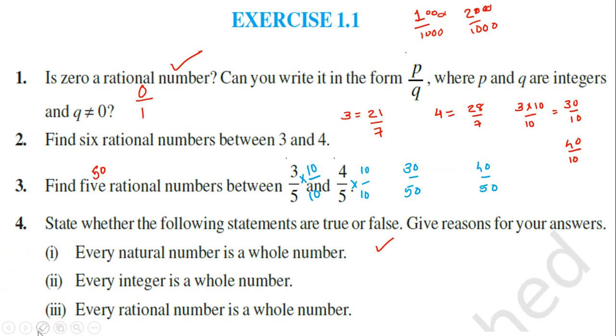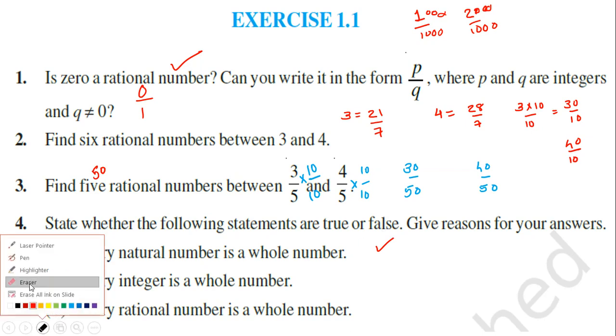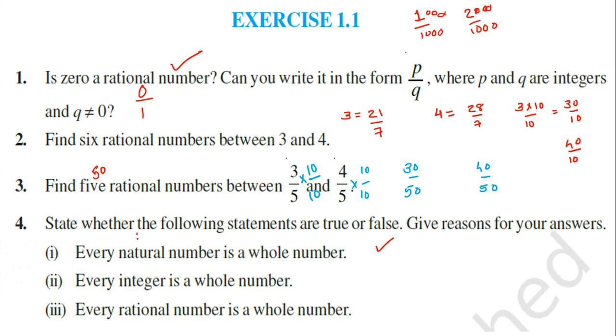Because natural numbers are 1, 2, 3, 4 and so on, but whole numbers are 0, 1, 2, 3 and so on. So natural numbers are already included in whole numbers, but you cannot say every whole number is a natural number because 0 is there. So this first statement is true. Every natural number is a whole number. Okay, clear?